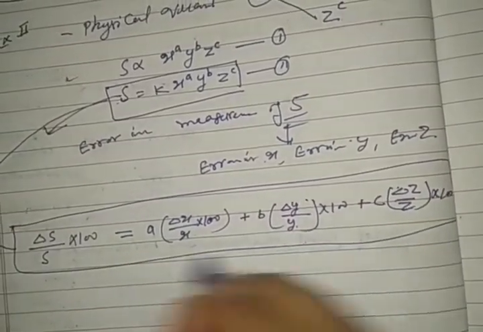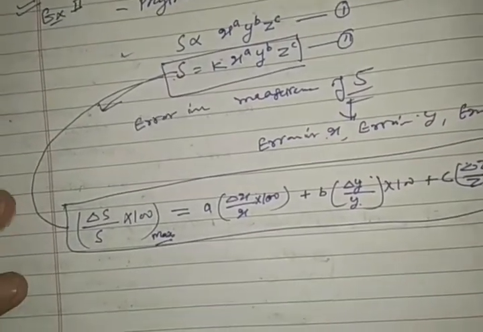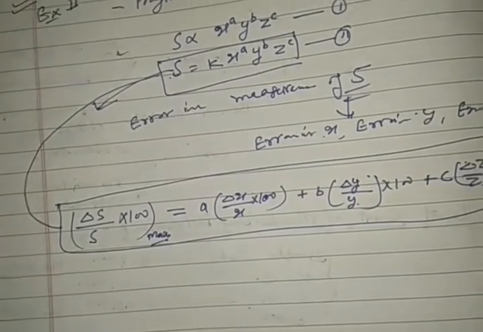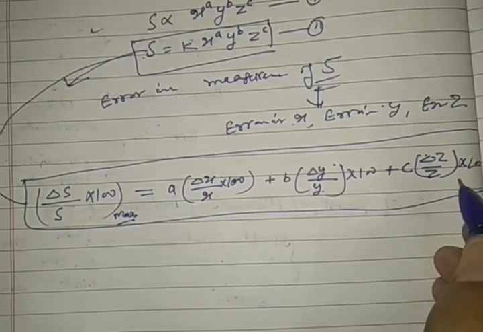This is called the maximum error possible. The real error may be less than that in the measurement of any quantity.